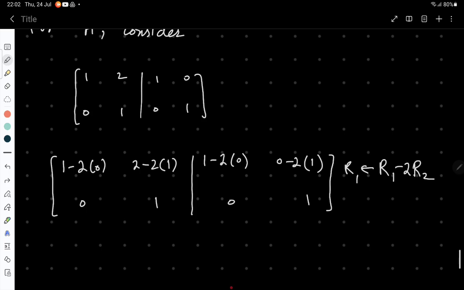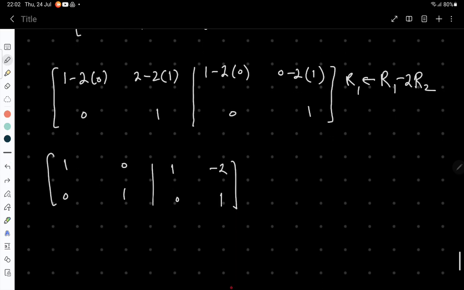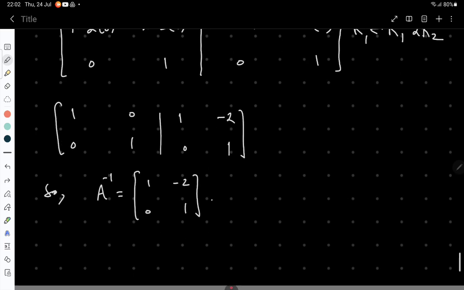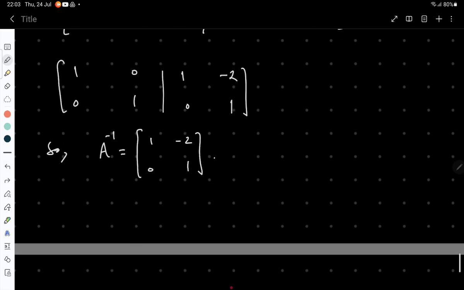So after simplification of these calculations, I will get this result. In this result, you can check that this is the identity matrix and this is something else. So this thing is the inverse of A. So I can write the inverse of A is equal to this thing. So I have got both inverse of A as well as the inverse of B.